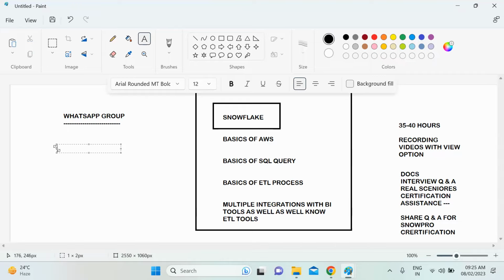Next, what are the prerequisites for this? If you have a background in SQL, if you have previously worked on data warehouses, ETL tools, or BI tools like Power BI, Tableau, QuickSight, or any other data area, that will be an advantage.